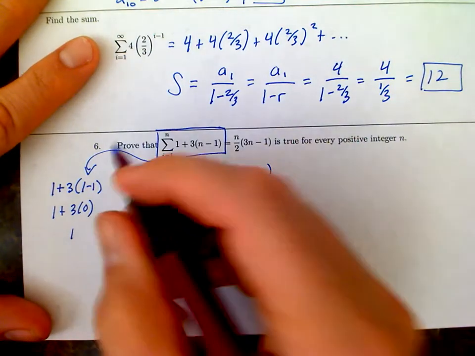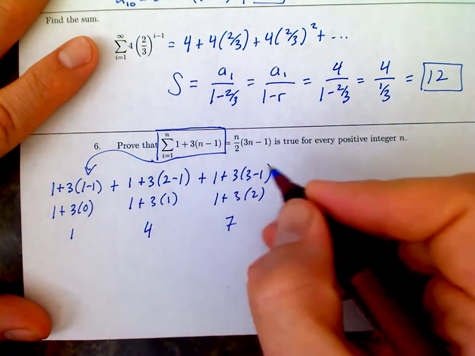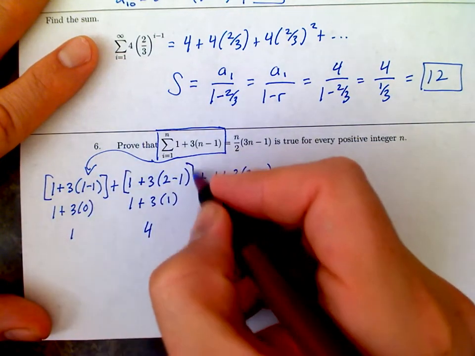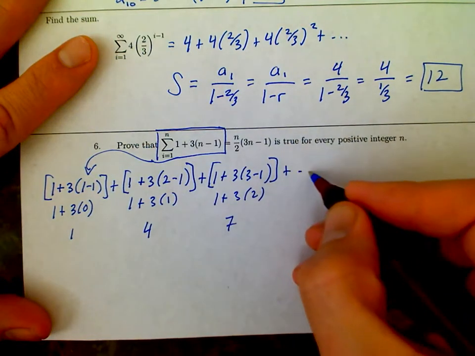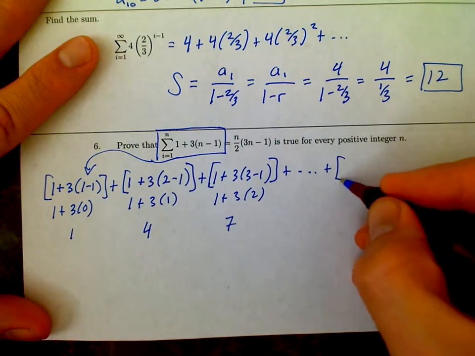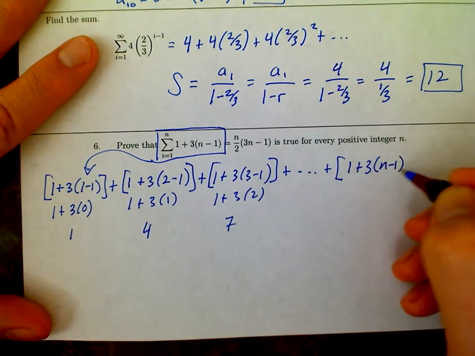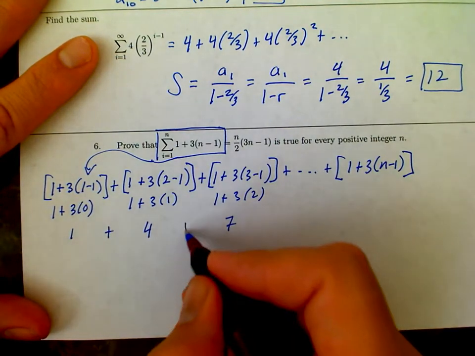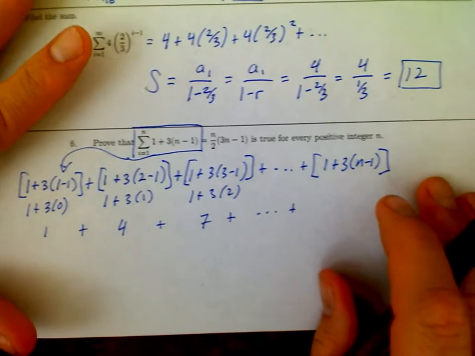Now, for our series, what we need to do is add, put that in brackets if that helps separate all this up, all the way until n. 1 plus 3 times n minus 1. So 1 plus 4 plus 7 plus ... plus. Now, check this out.